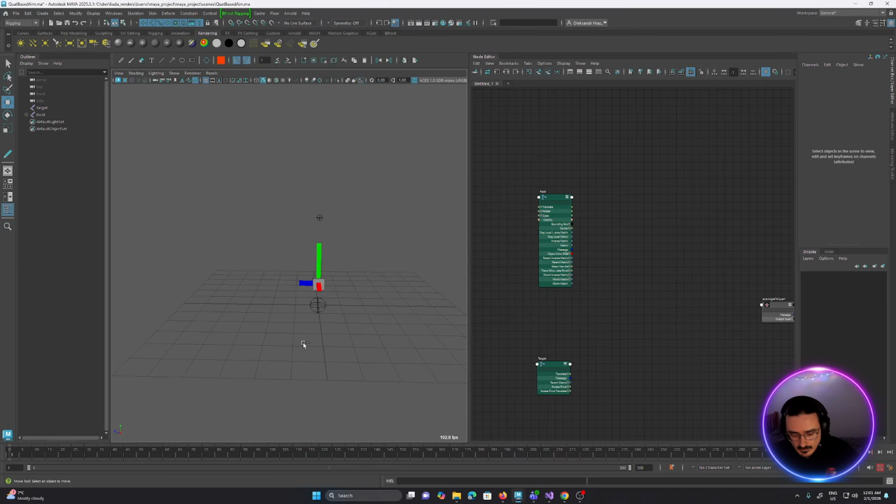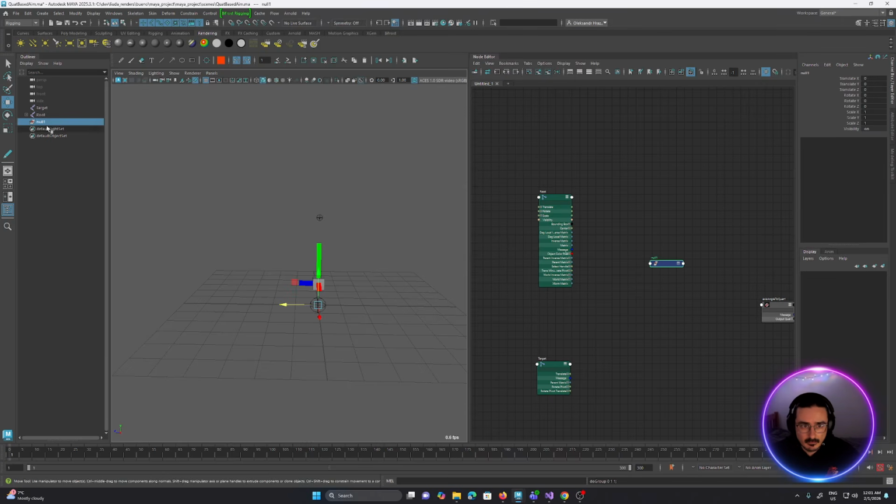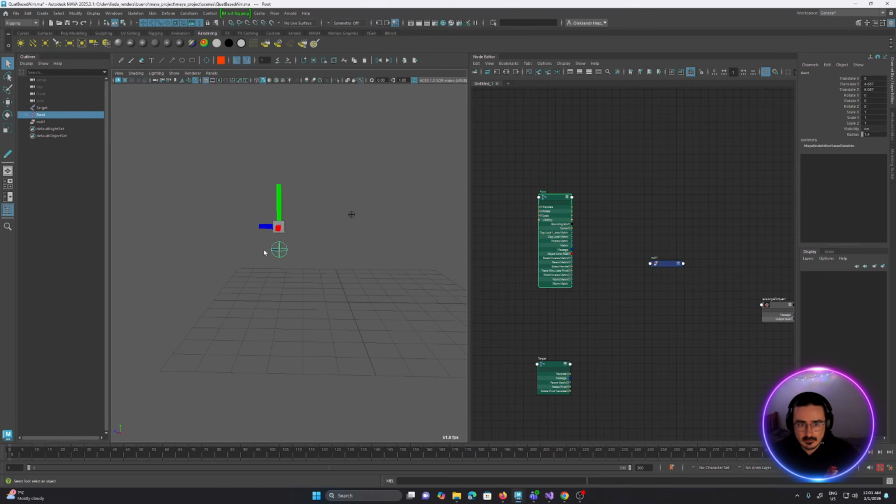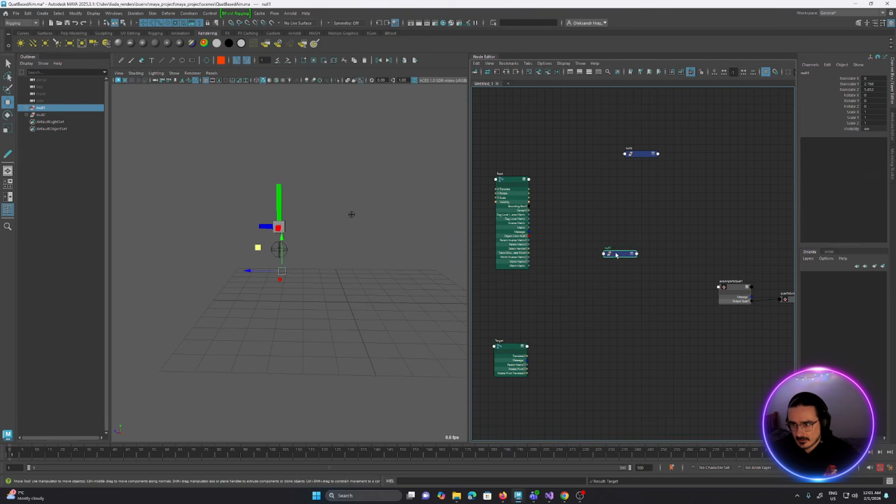So if I put them into some groups, maybe my target would be somewhere here. It is parented to my null one, and my root, let's say it's parented to null two, so they live inside different hierarchies.